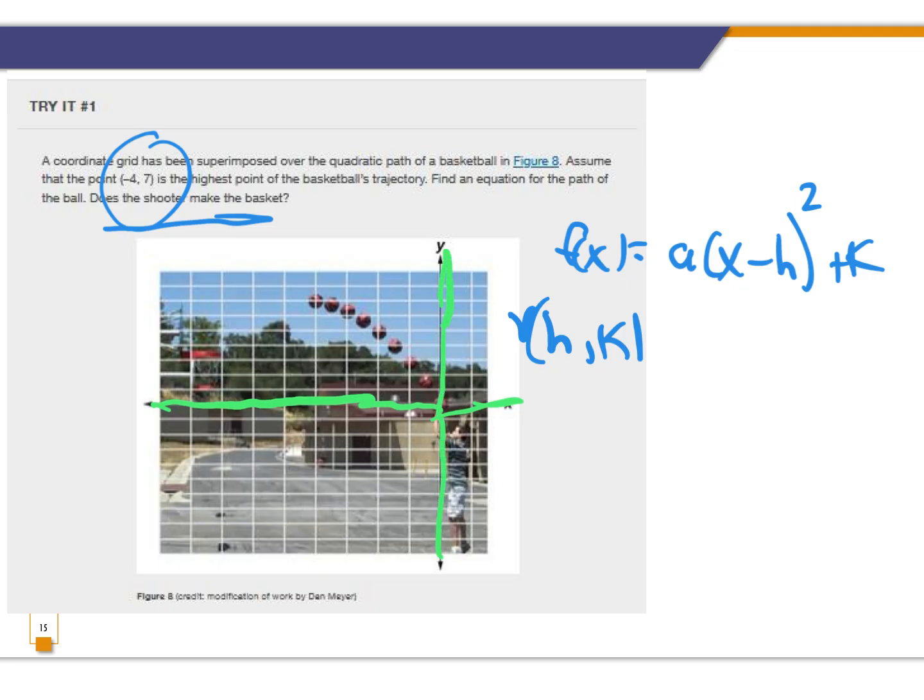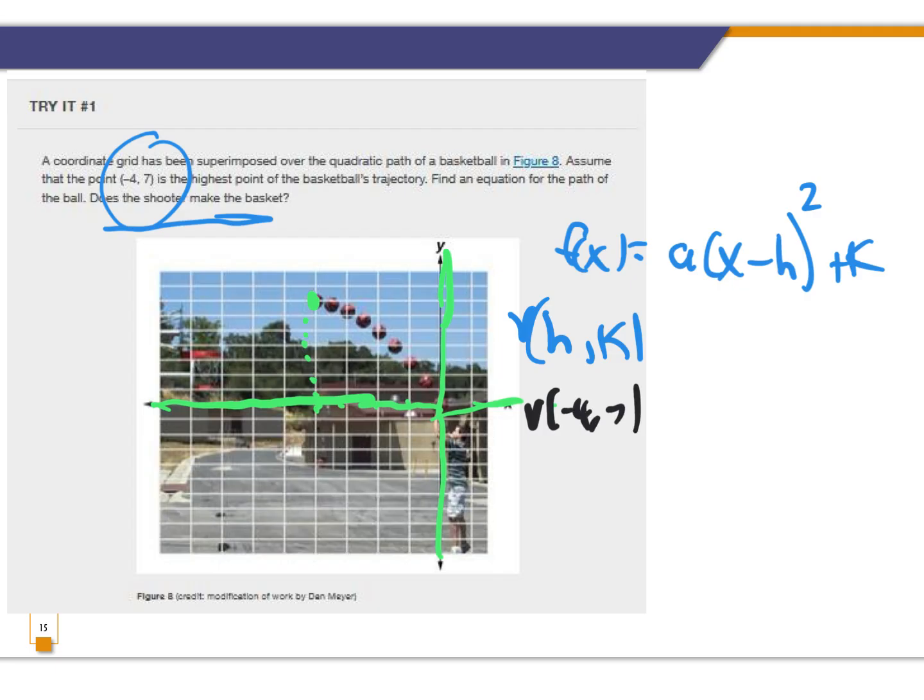Okay, so -4, 7 would be left 4, 7 up. 1, 2, 3, 4, and then 1, 2, 3, 4, 5, 6, 7. It's right there. That's your vertex. So the vertex is negative 4, 7.